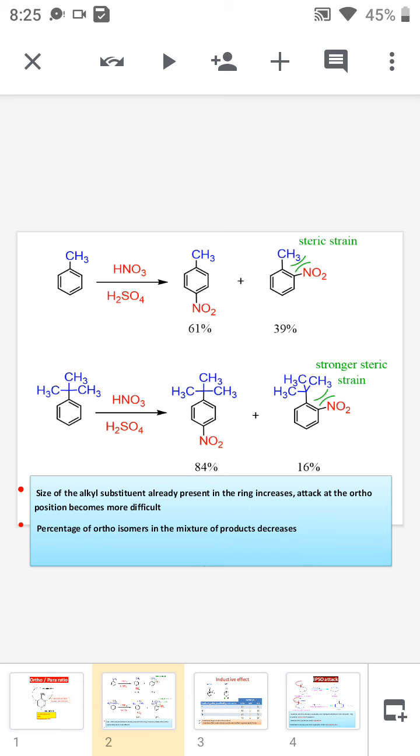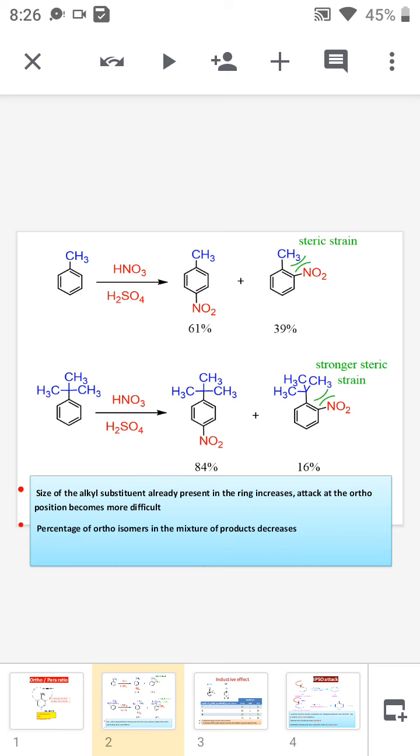See here, in the tertiary substituted benzene, if we add the same nitrating mixture to the starting material, we will get two products, ortho and para, but the ortho product is only 16% available due to the steric hindrance, and the para product is 84%.